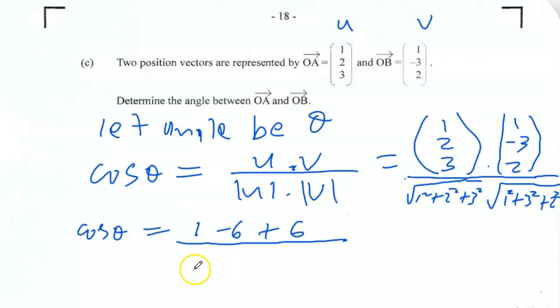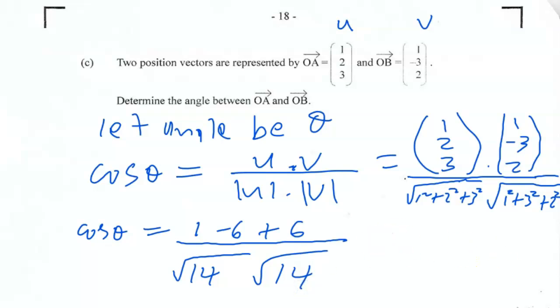upon the square root of 1 plus 4 plus 9, that's 14, since 1 squared is 1, 2 squared is 4, 3 squared is 9, and the other term has the same thing, 14.